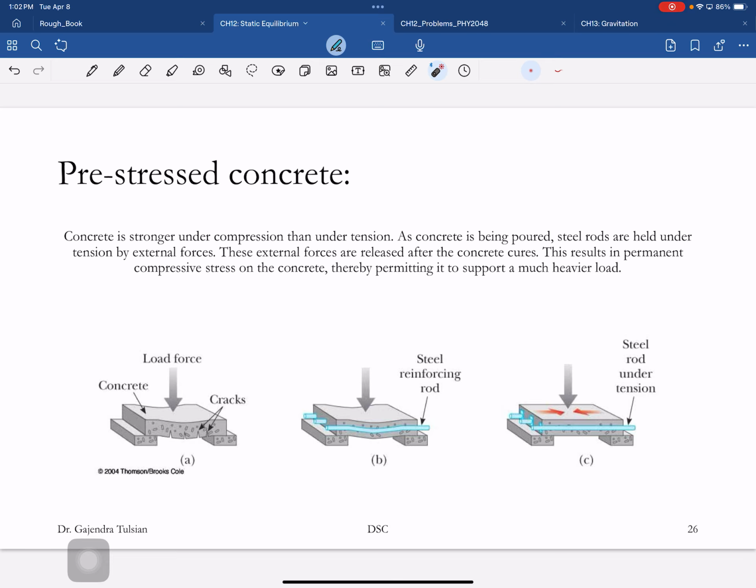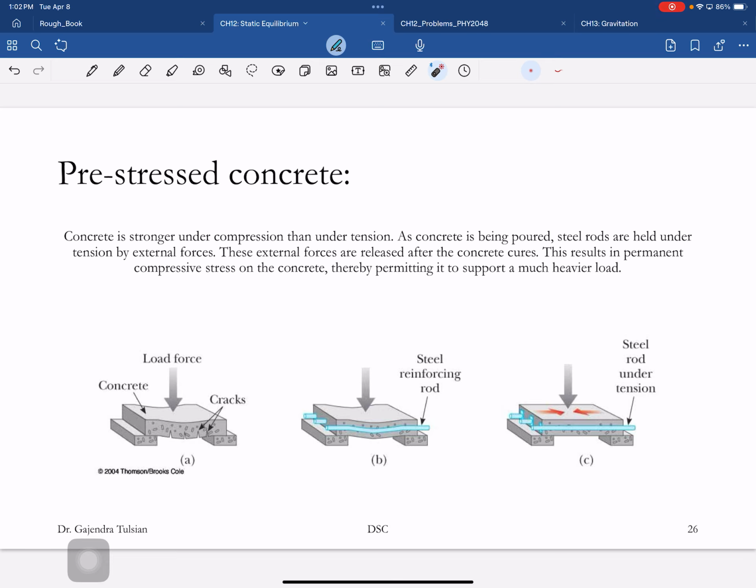Why did you do that? Okay, so now when you let go of the tension, the steel rod is compressing, it's putting that concrete under compression, compressive forces. And then you put them on the bridge. And now when a car goes by, when the bottom stretches, it's only going back to its original shape.